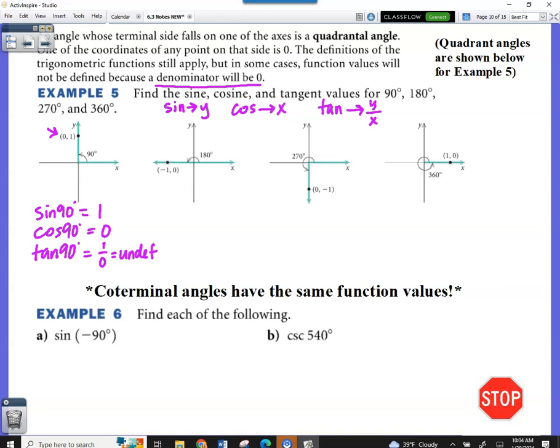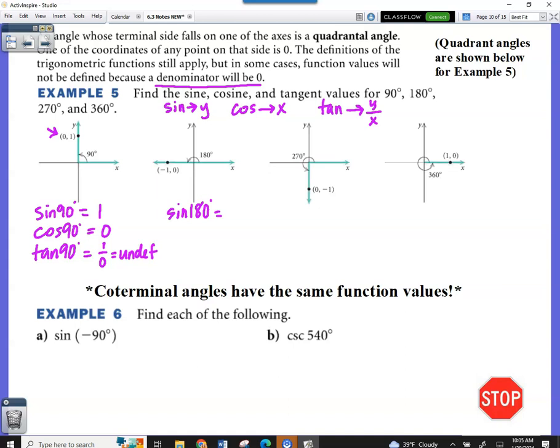All right, let's do another one. So the way this lays out is, what if I said to you, tell me the sine of 180? You would say to yourself, 180, where does that fall? That opens up and that lands on an axis. This is a quadrantal angle. We can't draw a triangle here. So we need the point. What are the coordinate points if I was to open an angle up and land on 180?